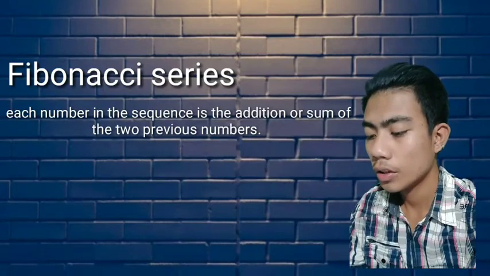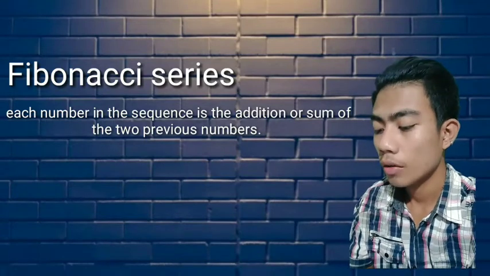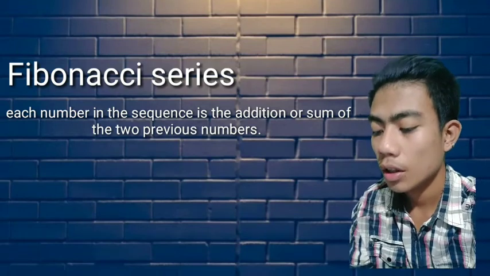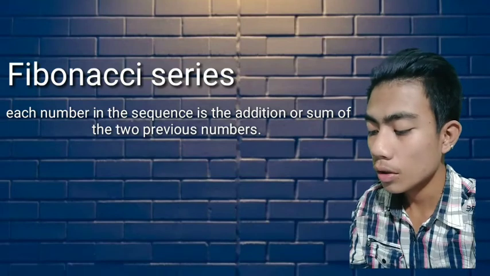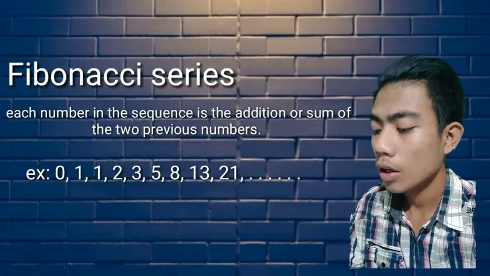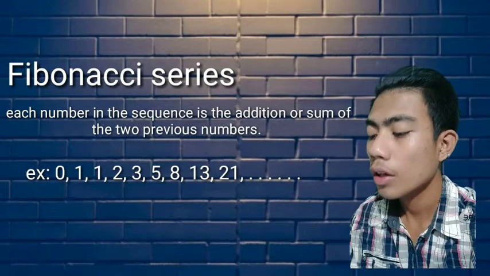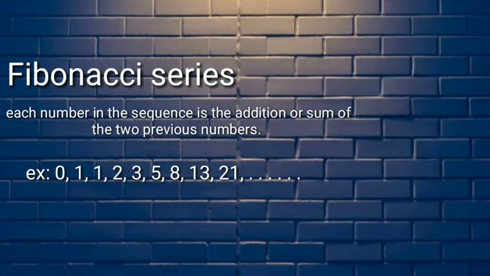Next is the Fibonacci series. Each number in the sequence is the sum of the two previous numbers. It is just like forming a pyramid. The examples are 0, 1, 1, 2, 3, 5, 8, 13, 21, and so on.